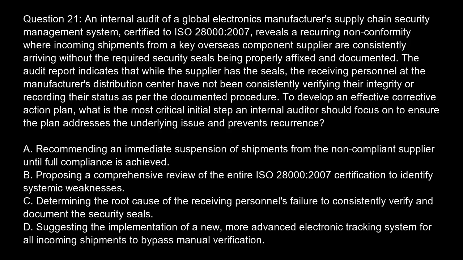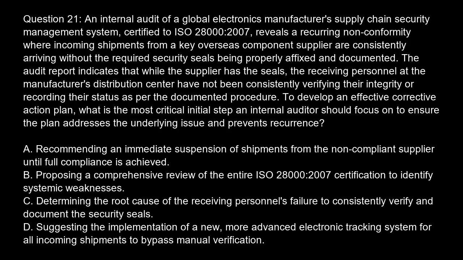The audit report indicates that, while the supplier has the seals, the receiving personnel at the manufacturer's distribution center have not been consistently verifying their integrity or recording their status as per the documented procedure. To develop an effective corrective action plan, what is the most critical initial step an internal auditor should focus on to ensure the plan addresses the underlying issue and prevents recurrence?